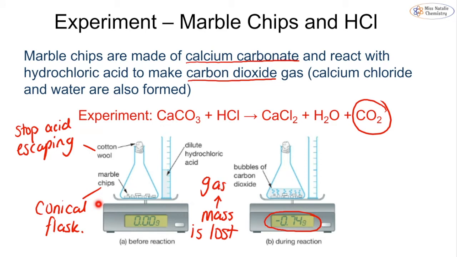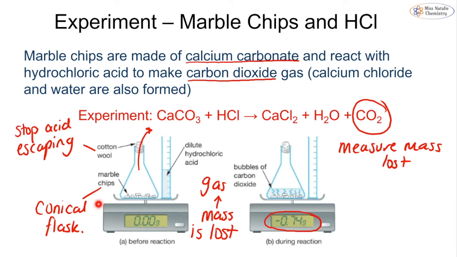So we want the carbon dioxide gas to escape from the flask through the cotton wool, but it stops any acid escaping. We do not want the acid or any of our marble chips being removed from the conical flask, because then it will make us look as though we are making more carbon dioxide than we are. So the entire point of this is to measure the mass that is lost.